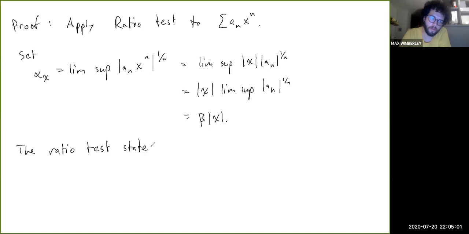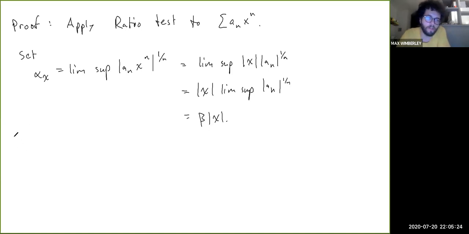So the test states that, well, actually, we should be careful about this. They divide this into 3 cases, because beta could be 0 or infinity or some non-zero finite number.